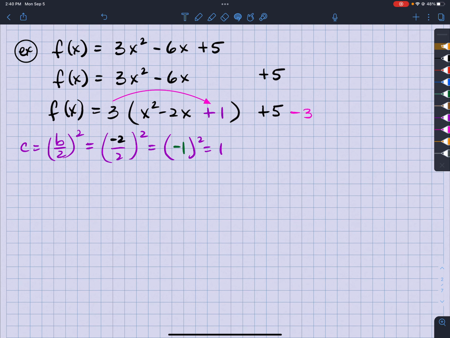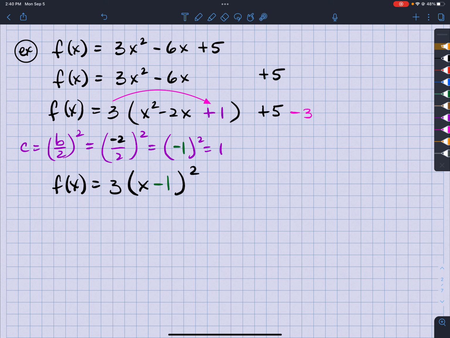All right. So we have f of x equals 3 times, this is factorable to be a perfect square, x minus 1, squared. And I hope that you know where that negative 1 came from.